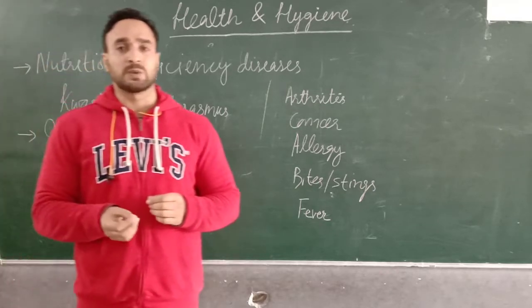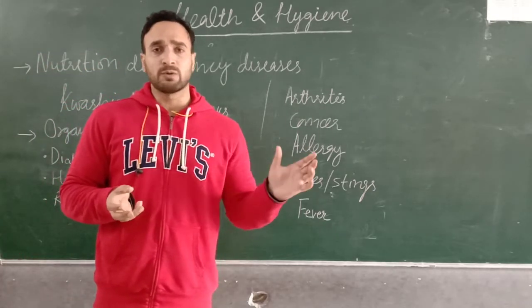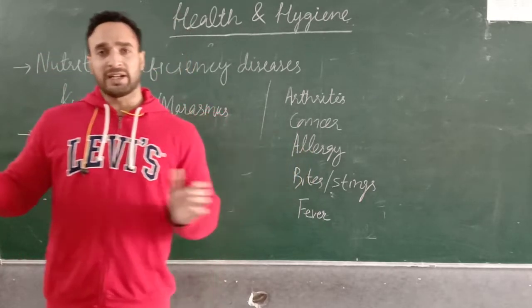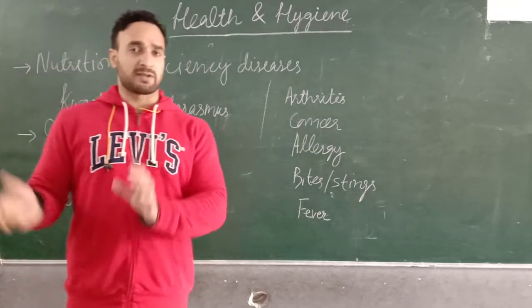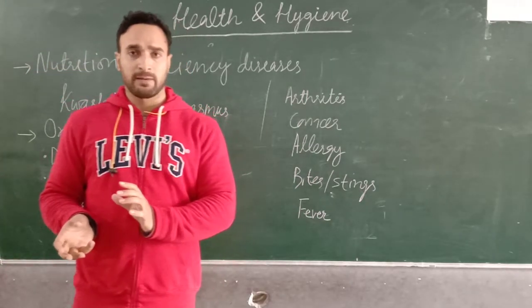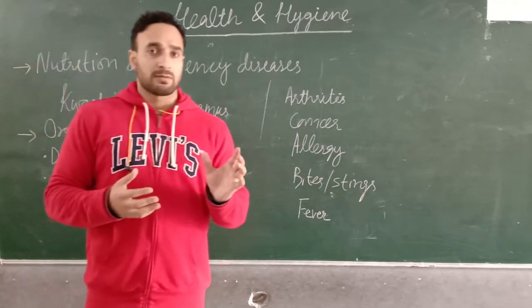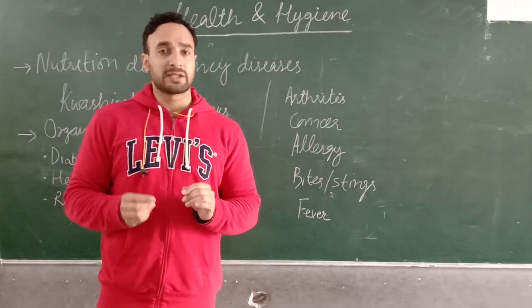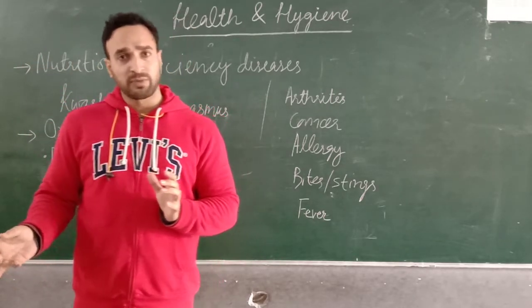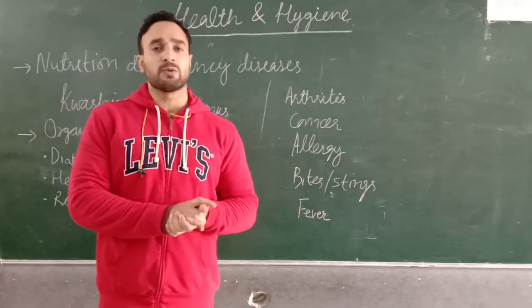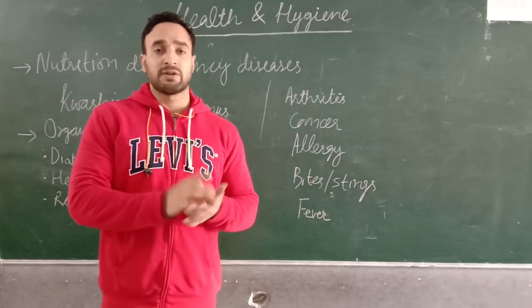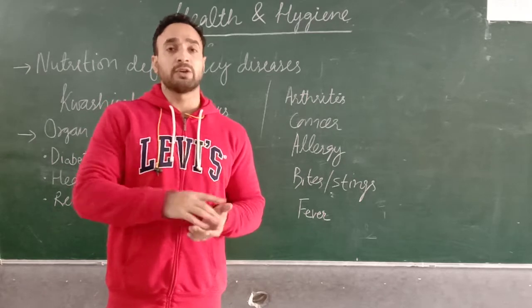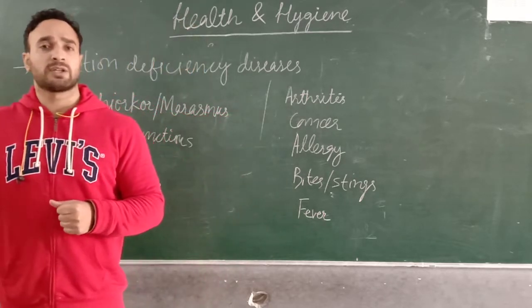The job of insulin is to convert the extra glucose in our blood into glycogen, which is stored in the liver cells. Understand?